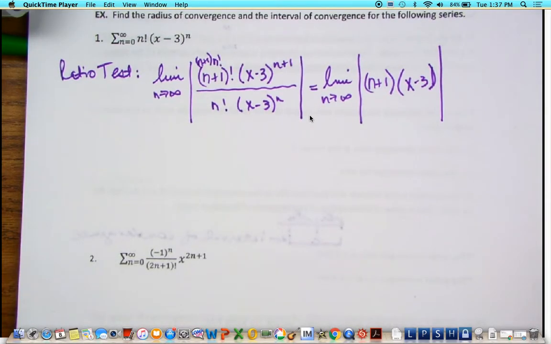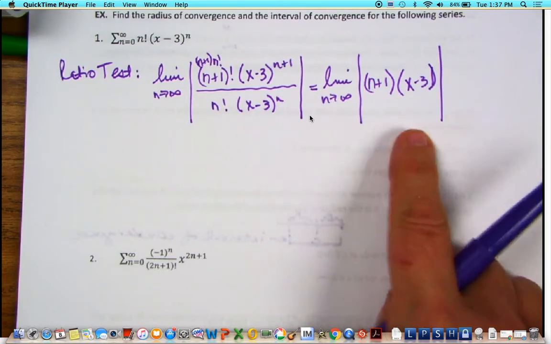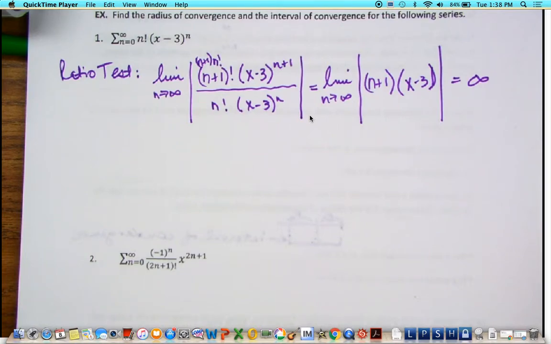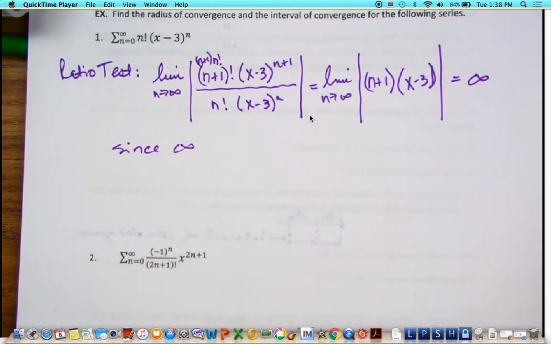So I'm supposed to do the limit as n approaches infinity. What's this thing going to approach? Infinity. Okay, so since it's infinity, now the ratio test says what?